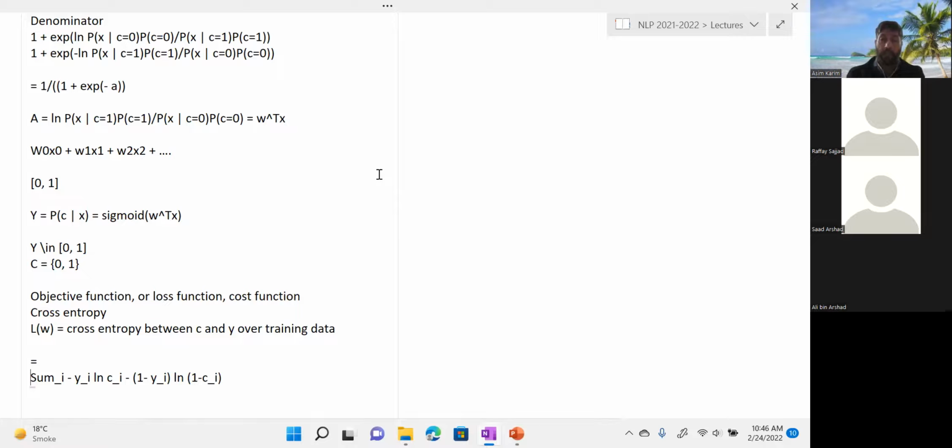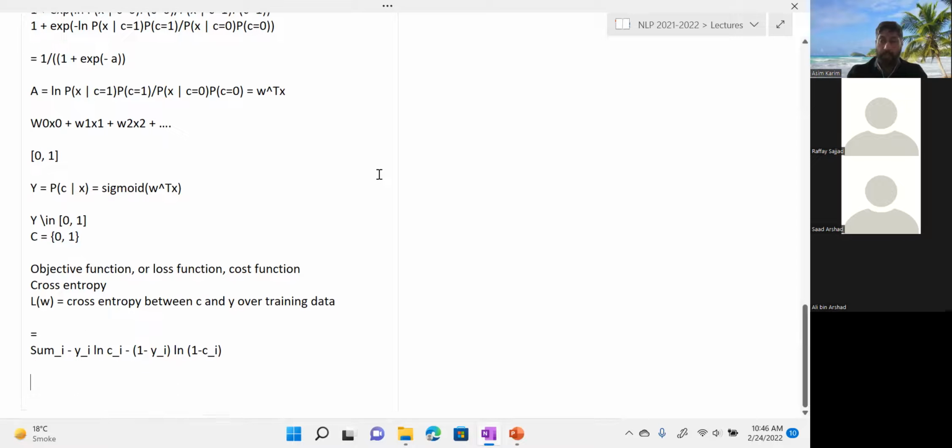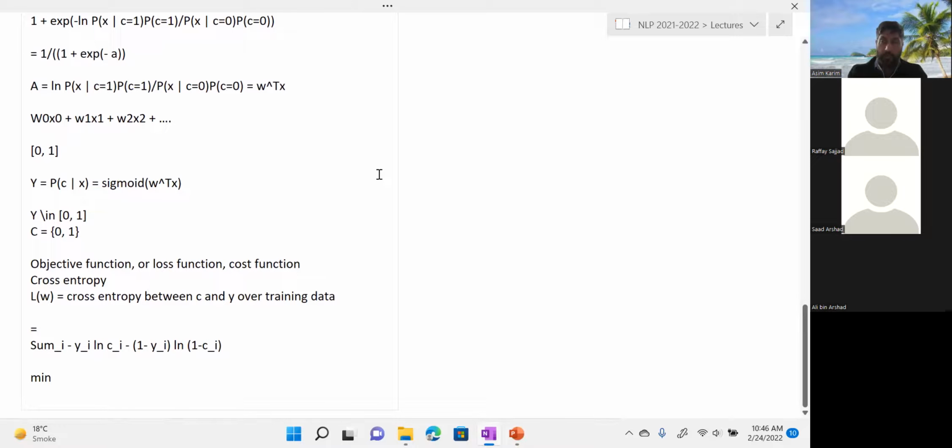And of course, this becomes a minimization problem. We would like to minimize this. Why? Because we want to reduce the entropy, the inhomogeneity between C and Y. So minimize L(W). This is our optimization problem that we would like to solve. It's an unconstrained optimization problem because there are no constraints.